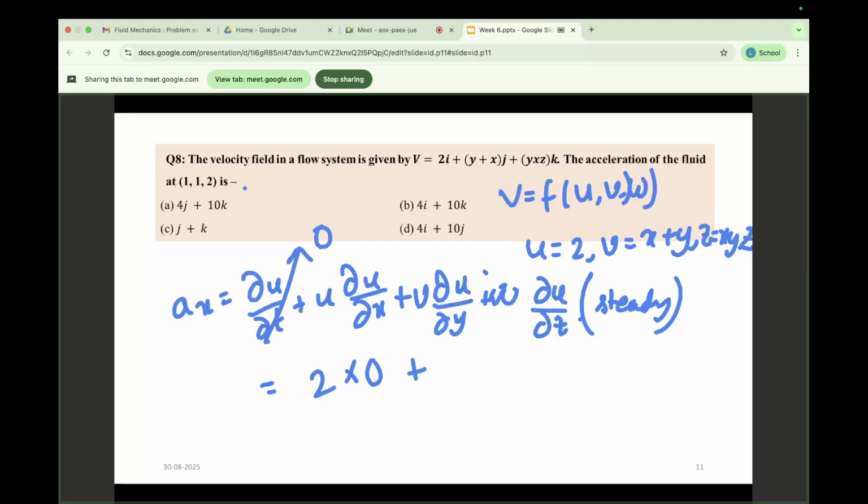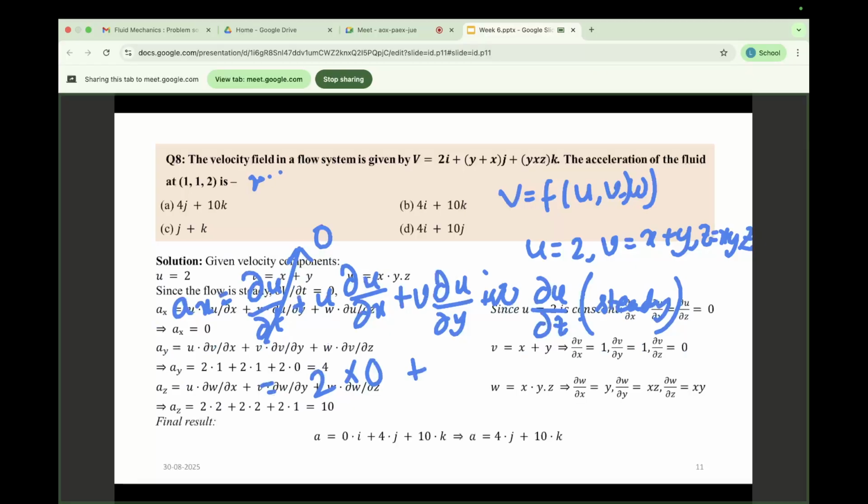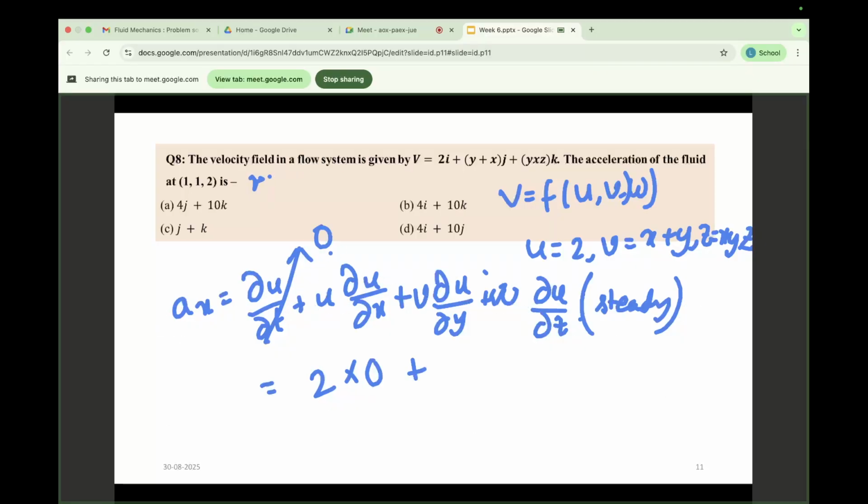What is the point? Sorry, x is 1, y is 1, and z is 2.